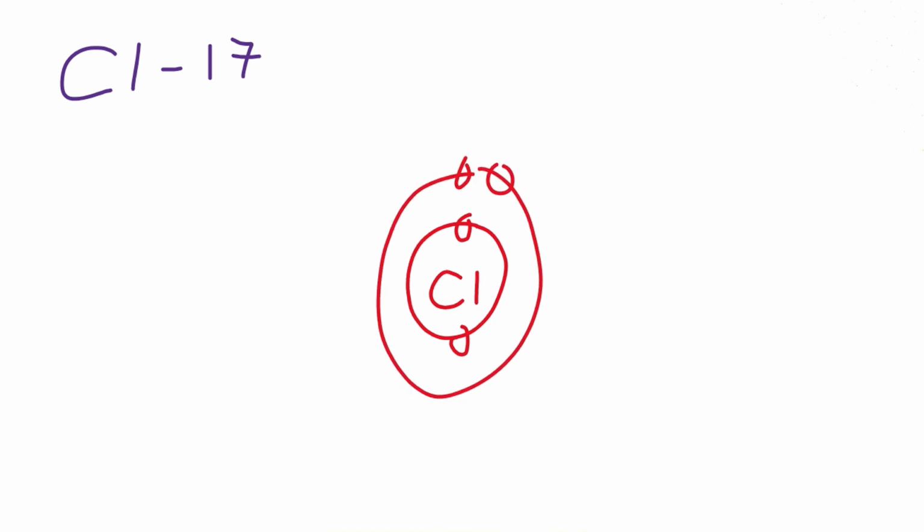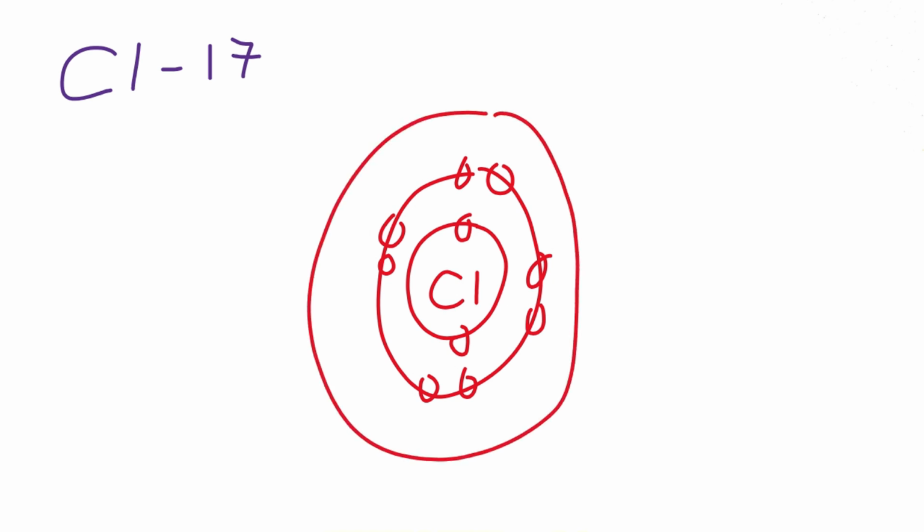Second shell will have 8 electrons. So we have already added 10 electrons. That means the third shell will get 7 electrons. As it can have 8 electrons maximum, we have no problem putting 7 electrons into the third shell.